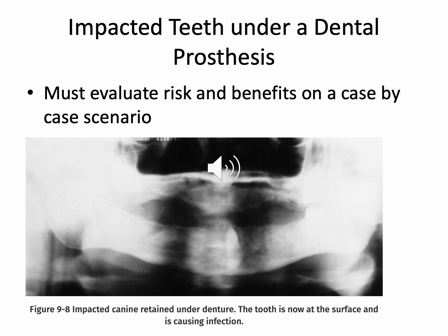If you're quite certain it's going to erode through underneath the complete denture in the fairly near future, it makes sense to remove it prior to fabrication of the denture. Other times, if there's no sign of it, it's fairly deeply impacted, or the patient's unhealthy, it's best to leave it alone and deal with it if and when it becomes a problem.